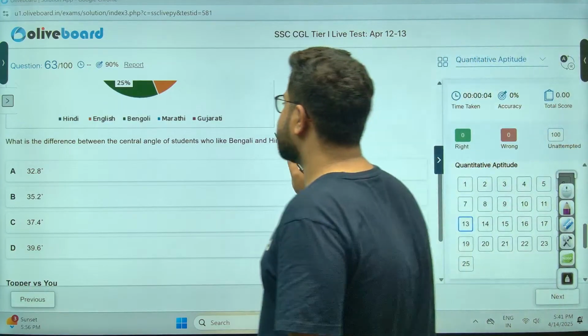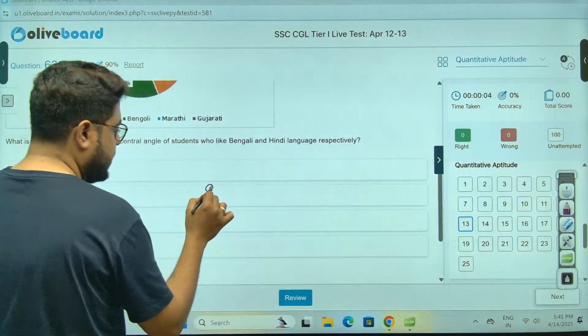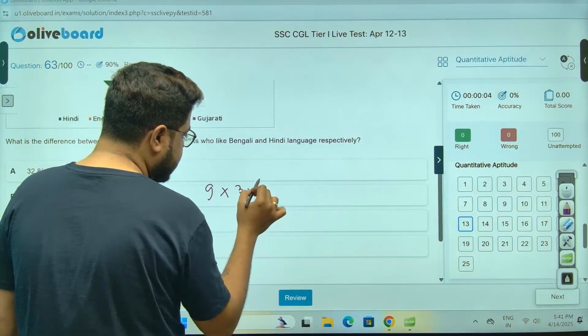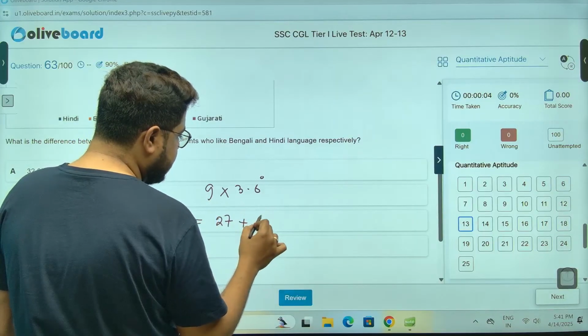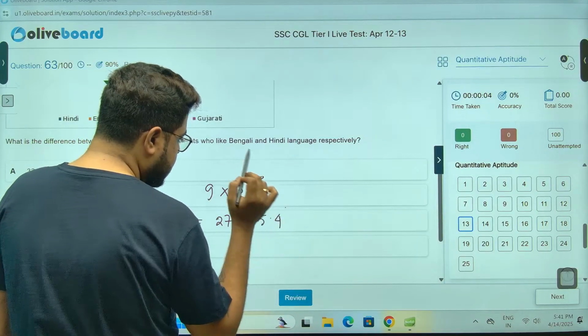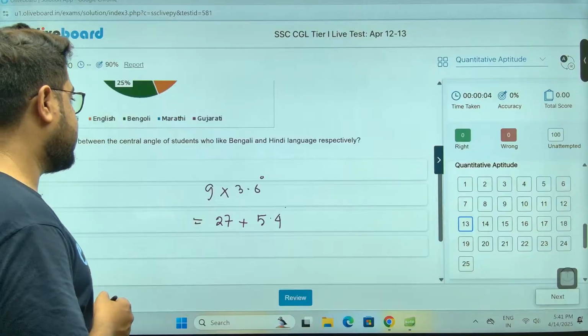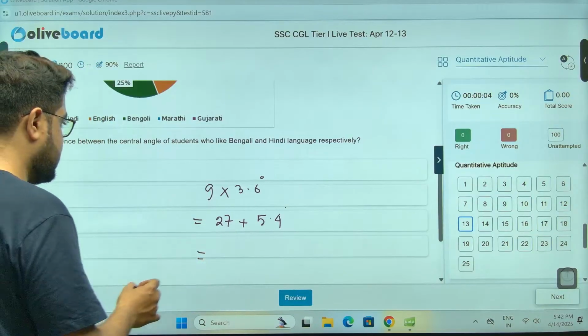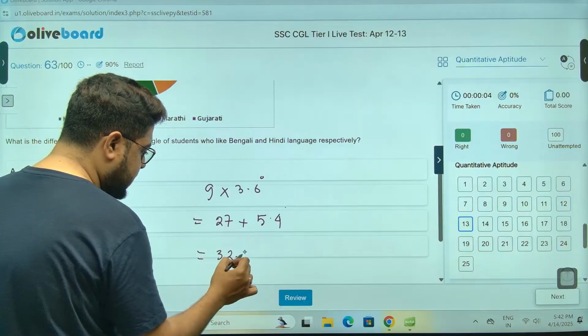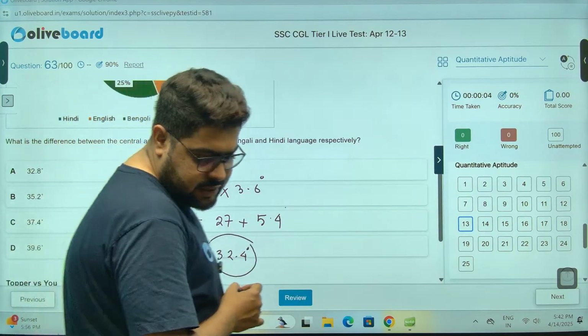One second. It was 9 degrees, as I remember, into 3.6 degrees. 27. 6 nines are 54. 32.4 ही तो होना चाहिए भाई. Anyone?